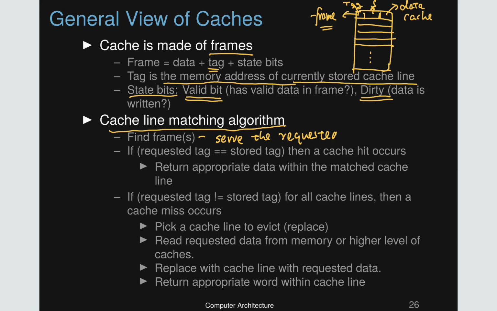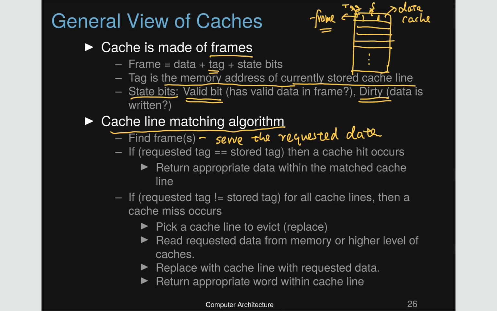If a CPU requests some data, the whole matching process is effectively to find the requested data in the cache, in the correct frame, and then serve the requested data. So the matching process effectively does a comparison of the addresses of the requested data.